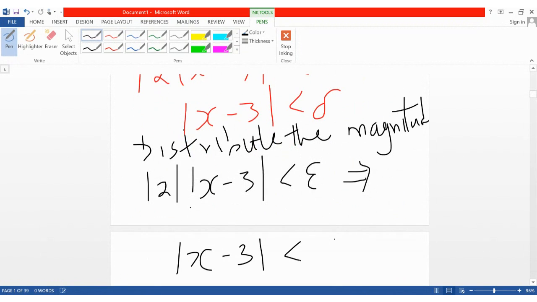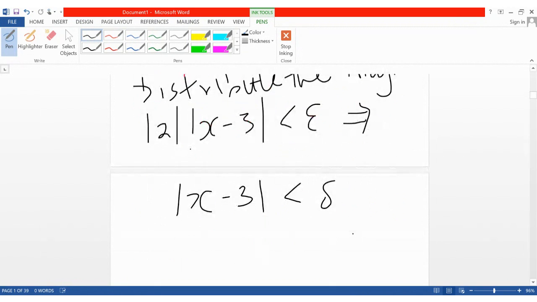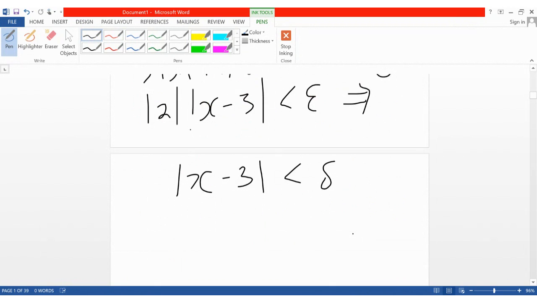For any positive number, it remains positive. For any negative number, it remains what? Negative. So we shall remain with 2. The magnitude of x minus 3 is less than epsilon whenever the magnitude of x minus 3 is less than what? Delta. We are almost done.